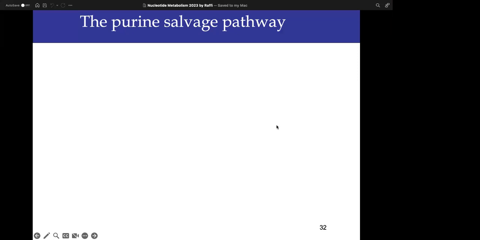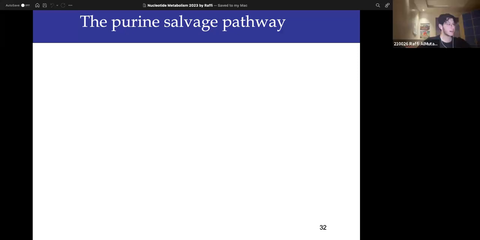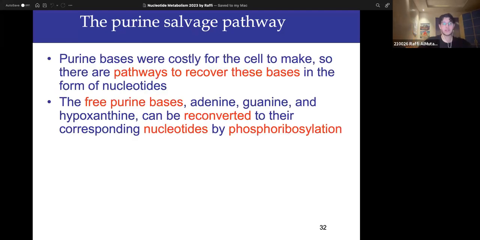Now we're going to talk about the purine salvage pathway. When we're done with this, I'll give you guys a 10-minute break because I know you need it. So let's talk about purine salvage. Like I mentioned, purine salvage is when we recover the bases. When a cell dies, it releases bases. We can pick them up and just convert them back into nucleotides.